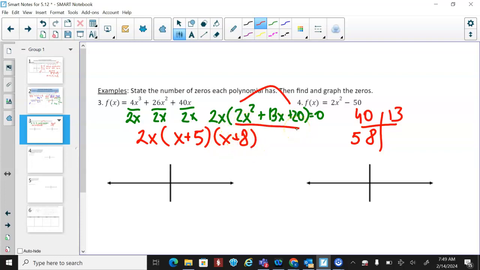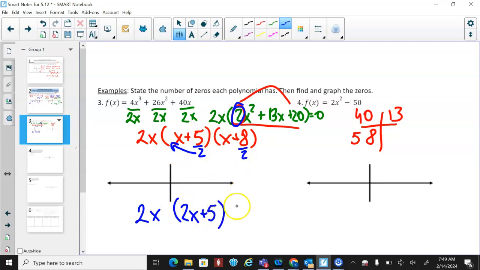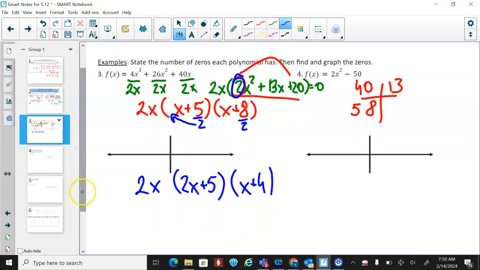Now remember that because there's a 2 here, the leading coefficient, I have to divide both by 2. So my function is going to be 2x. 5 does not divide by 2, so I'm going to put it in the front, 2x plus 5. And then 8 does divide by 2, that gives me 4. Now to solve, I'm going to set them equal to 0, all 3 parts.